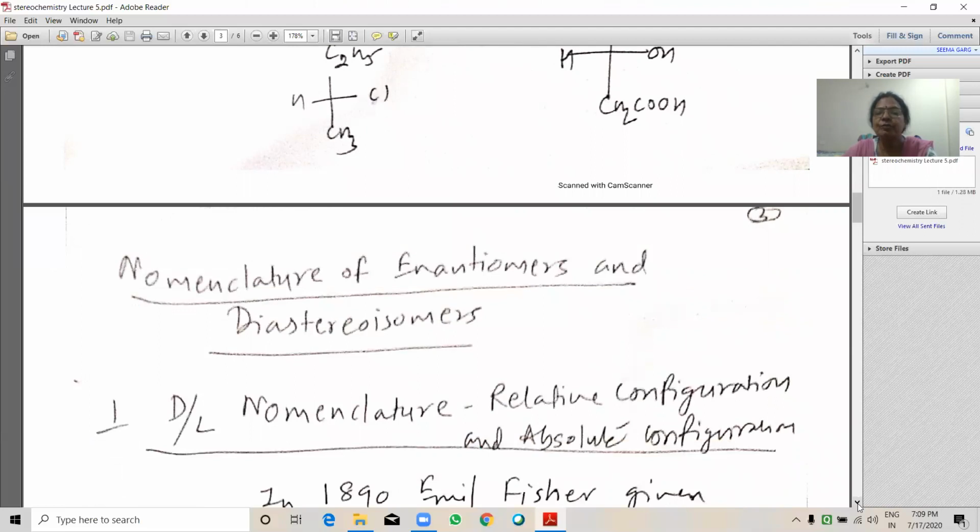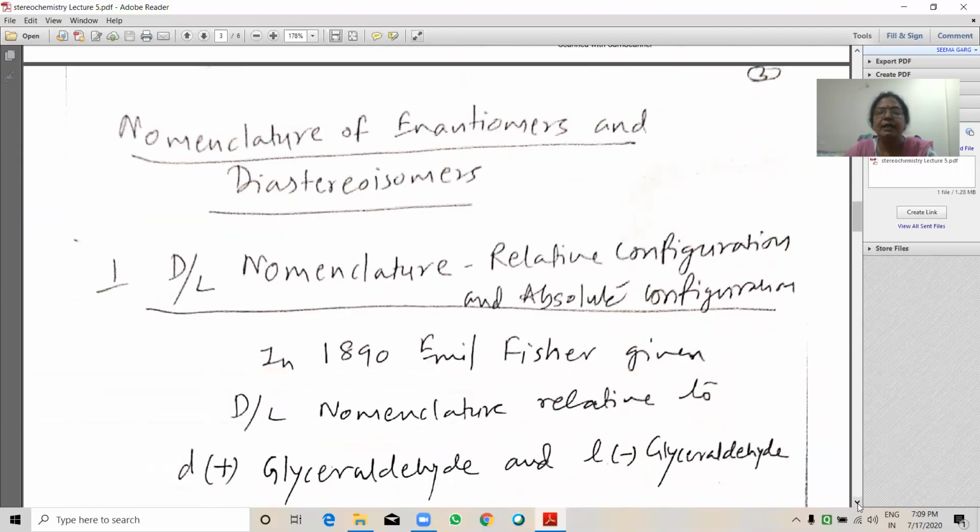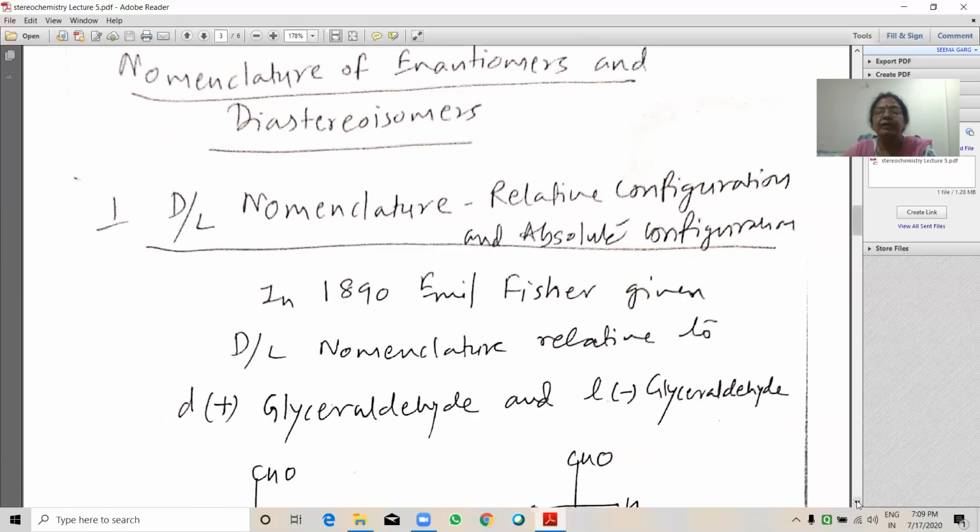Nomenclature of enantiomers and diastereoisomers. Capital D, capital L nomenclature is relative configuration, and it was found that it gives the absolute configuration of the molecule also.